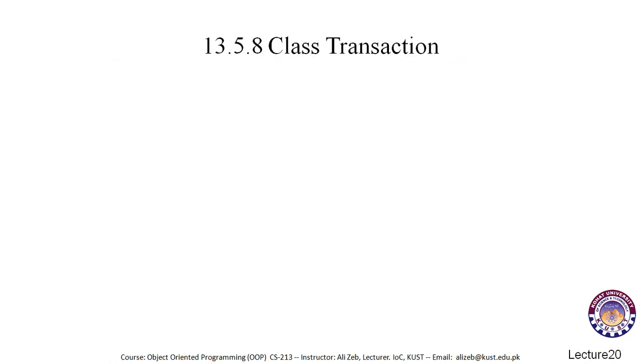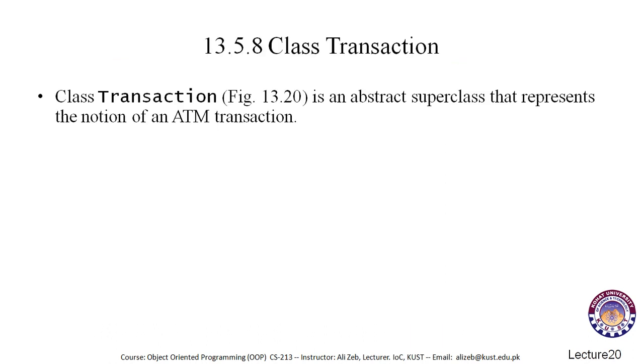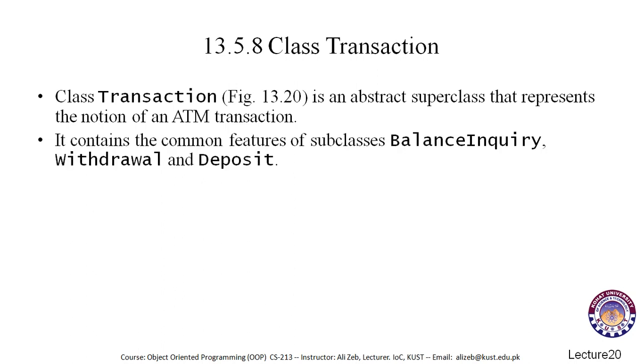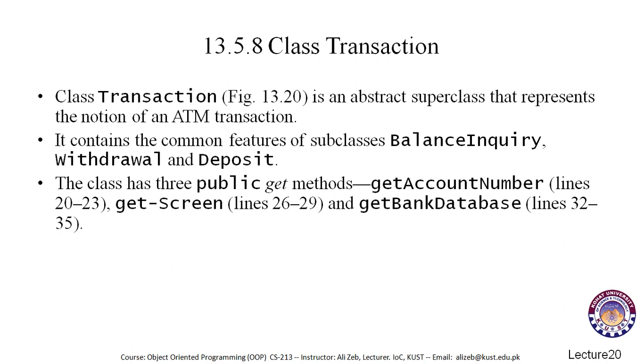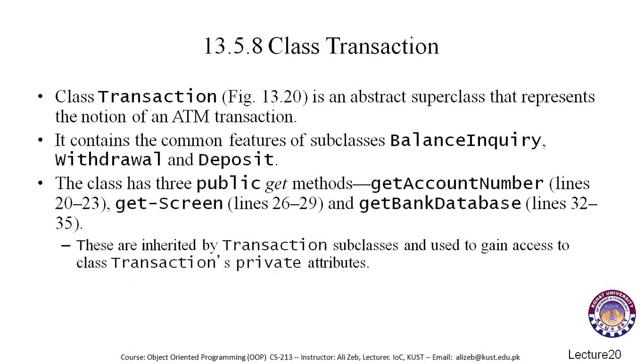In our Transaction class, the class Transaction is an abstract superclass that represents the notion of an ATM transaction. It contains the common features of subclasses BalanceInquiry, Withdrawal, and Deposit. The class has three public get methods: getAccountNumber, getScreen, and getBankDatabase.